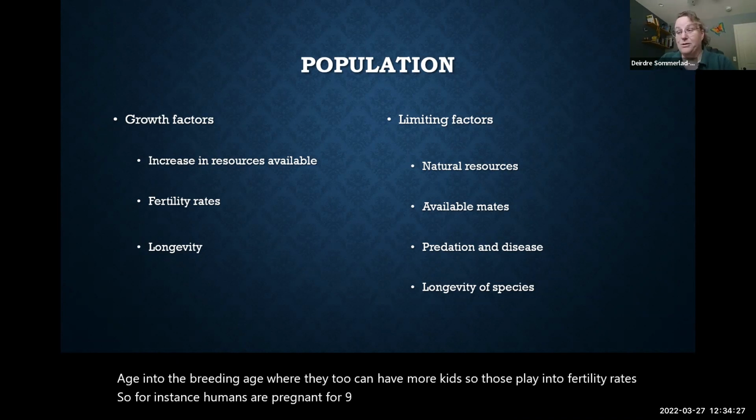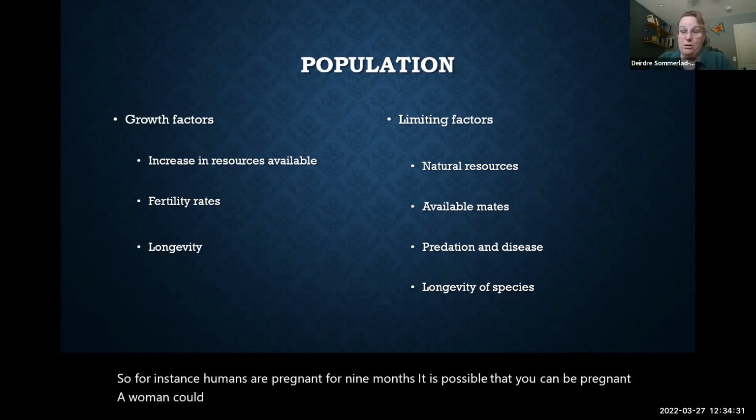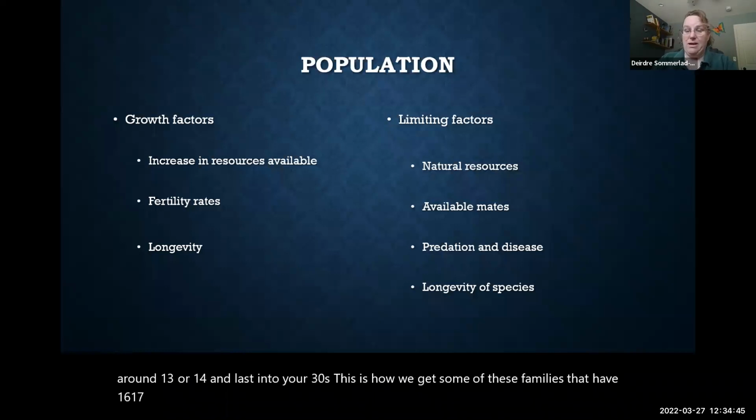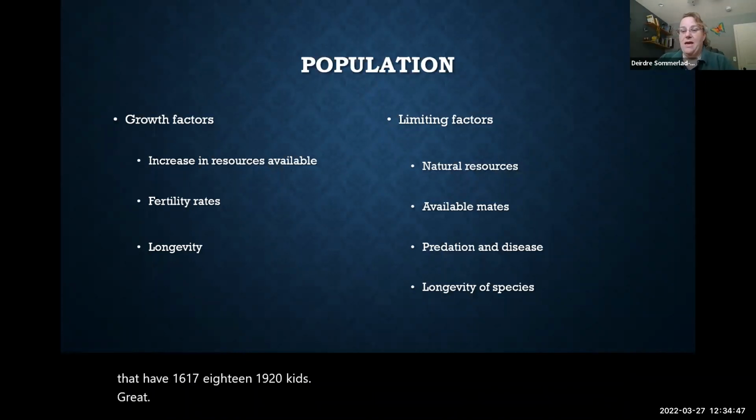It is possible that a woman could be pregnant every year during her entire fertile years, which, by the way, start around 13 or 14 and last into your 30s. And this is how we get some of these families that have 16, 17, 18, 19, 20 kids, right? Because that woman is fertile and having offspring often.